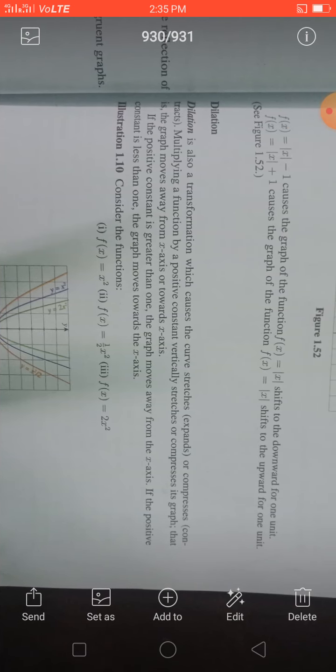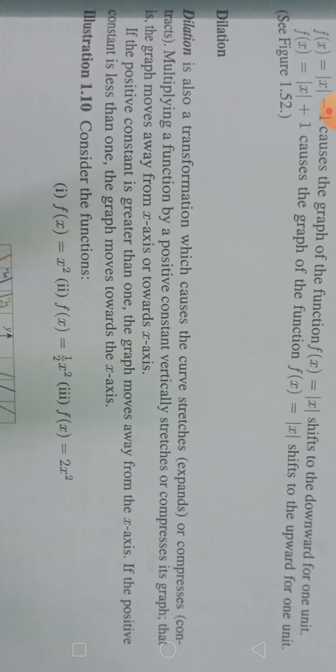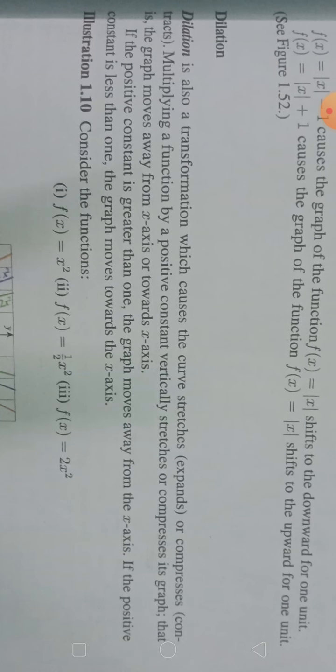What is our question? 3 of x minus 1 whole square plus 5. That 3 of means product, multiplication. So 3 multiplied by x minus 1 whole square. Look at the second line: multiplying a function by a positive constant.